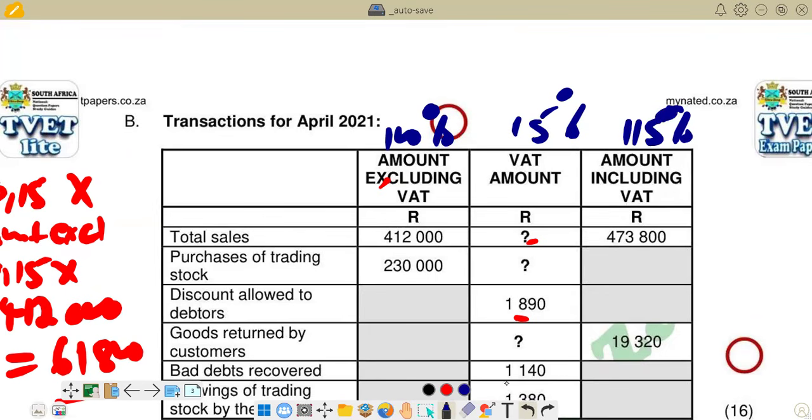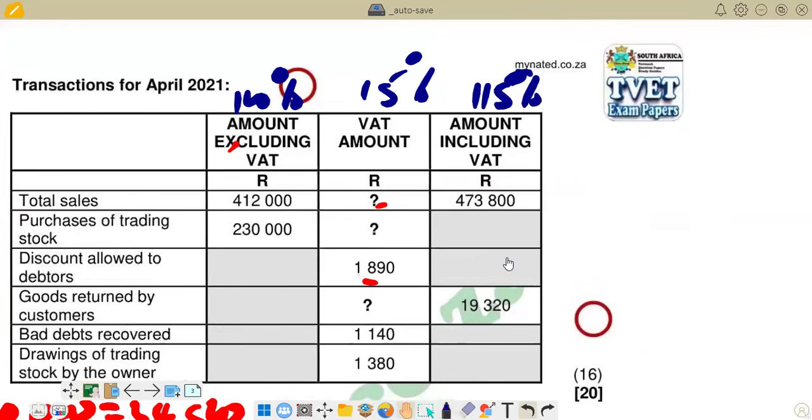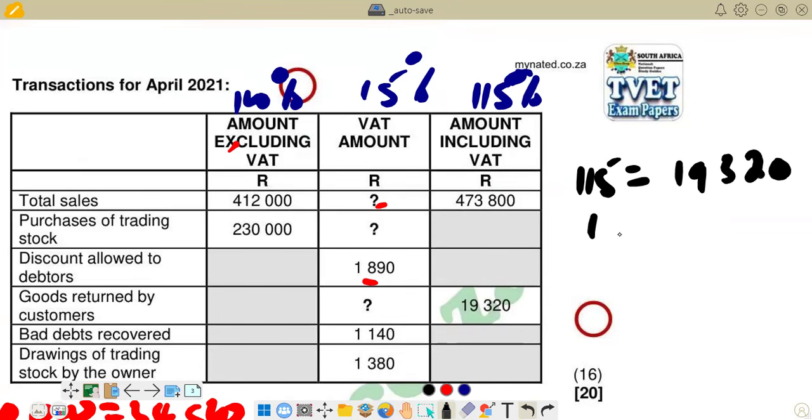So this is the proportion that we have. We can just make a proportion there. Remember, in this instance, we are given the amount including VAT, so we are given the 115%. So in proportion, 115% is equal to the amount that we have, 19,320. The figure that we want is 15%.